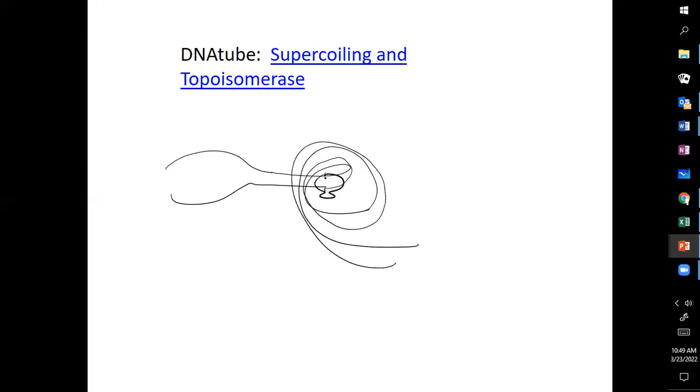It looks awful. So topoisomerase is going to come in. It's going to cut the helix. Enzymes that break the phosphate backbone of the DNA or of any nucleotide strand are nucleases. So it's got nuclease activity, which is going to cut. So topoisomerase is going to cut the DNA using nuclease activity, and it's going to allow the supercoils to unwind.